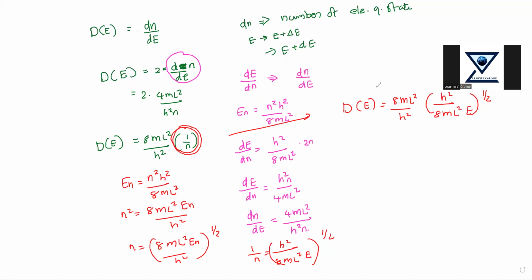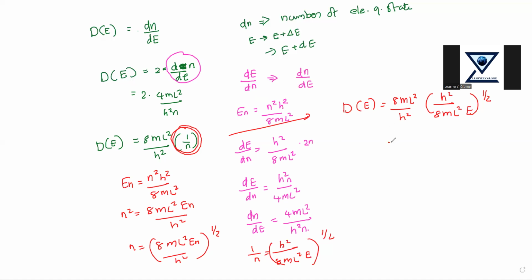Again, if we rearrange this equation, this is 4, this is 8, and we can take the root of this.